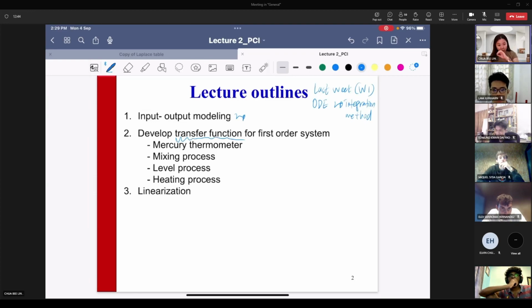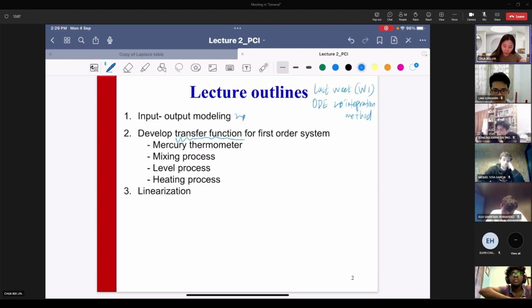Transfer function is a method to derive an equation to represent the process you want, the relationship between the output and the input, using the conservation law.